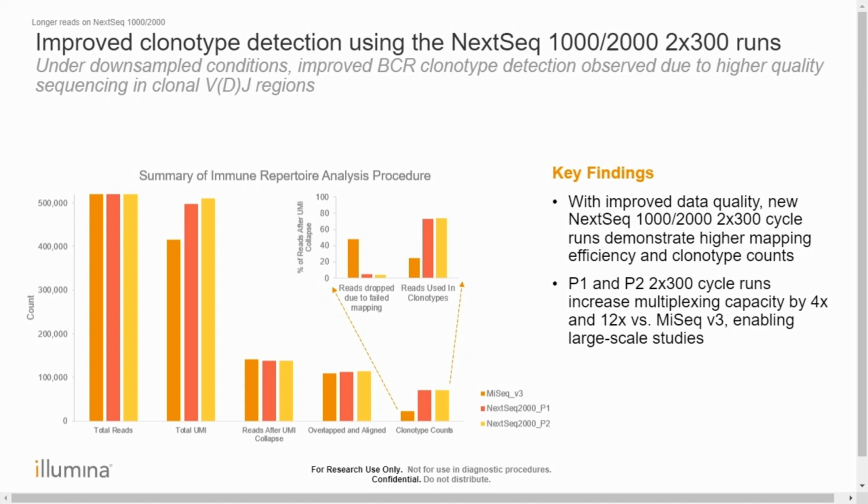Since the sequencing depth was the same on each system, it's mainly the quality of the read contributing to this improvement. If you extrapolate this over the ability to sequence more samples in the same flow cell, or a much greater depth per sample, you could see how these new kits are going to unlock greater versatility in clonotype detection for immune repertoire profiling.